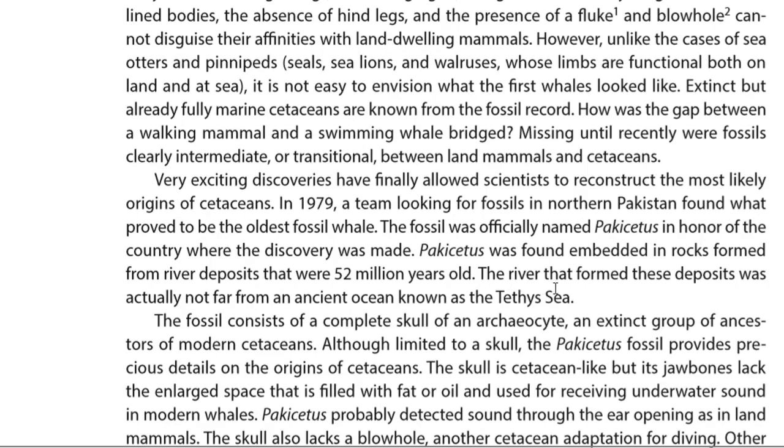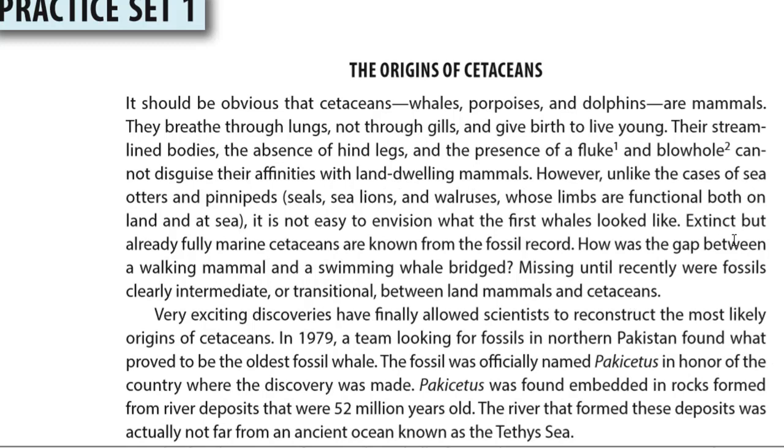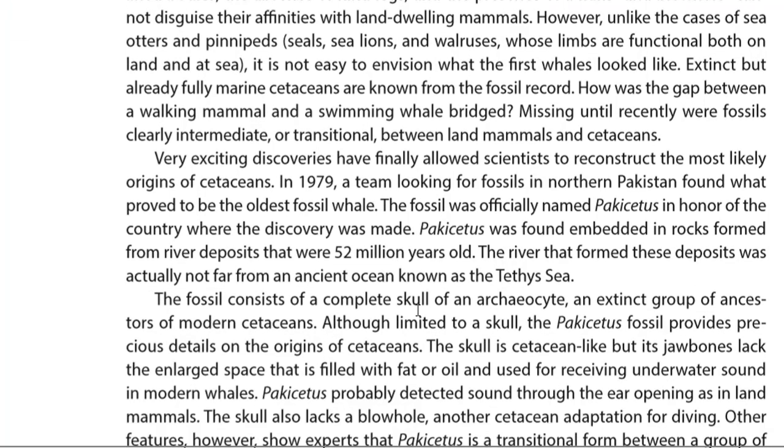The river that formed these deposits was actually not far from an ancient ocean known as Tethys Sea. Extinct but already fully marine cetaceans are known from the fossil record. How was the gap between a walking mammal and a swimming mammal bridged? Missing until recently were fossils clearly intermediate or transitional between land mammals and cetaceans.